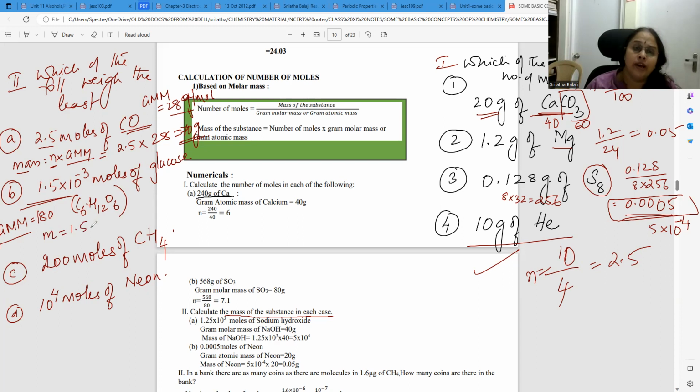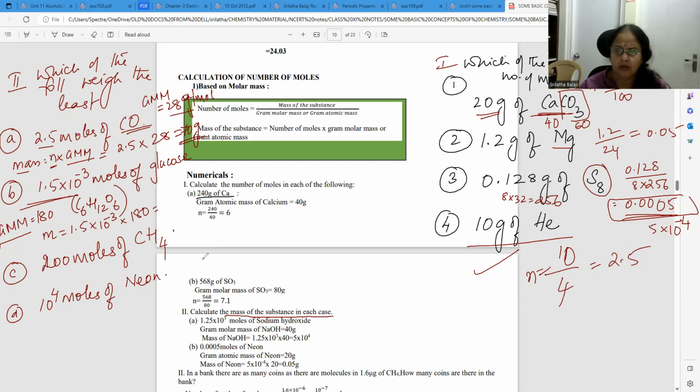So, what is the mass of 1.5 into 10 power minus 3 moles of glucose? 1.5 into 10 power minus 3 number of moles multiplied by gram molar mass. So, how much is it? 270 into 10 to the power minus 3. How are you getting 10 power minus 3, you said, or plus 3?